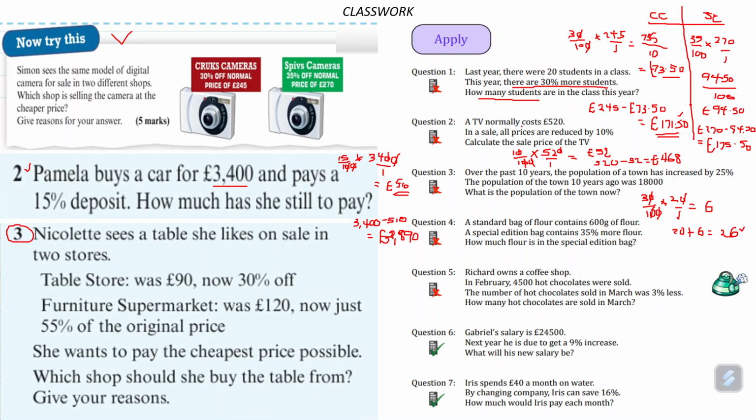Then we looked at the TV price. The original price is 520, but we're told in a sale it's reduced by 10%. So we just needed to find 10% of 520, which gives us £52. Then you take it away from the original amount, 520, and you arrive at £468. So we've looked at this.